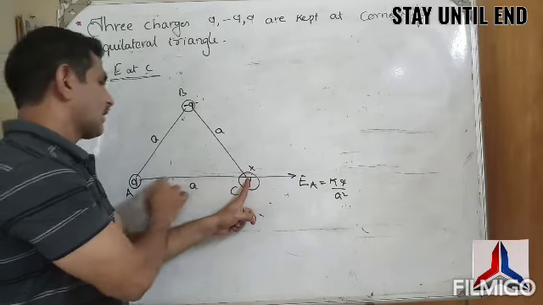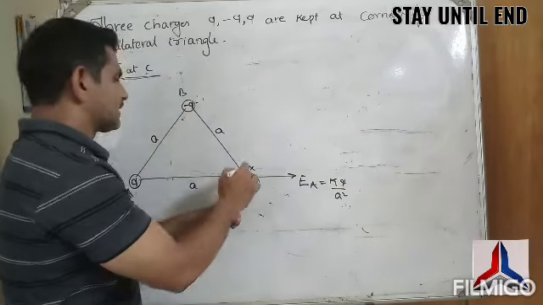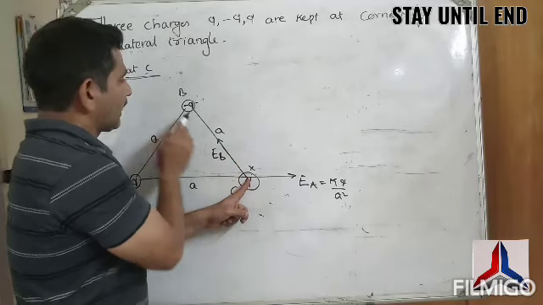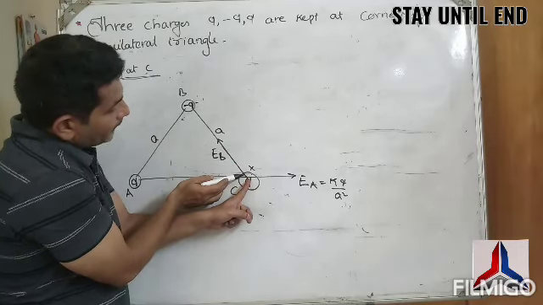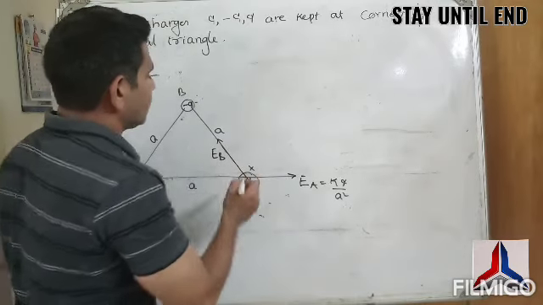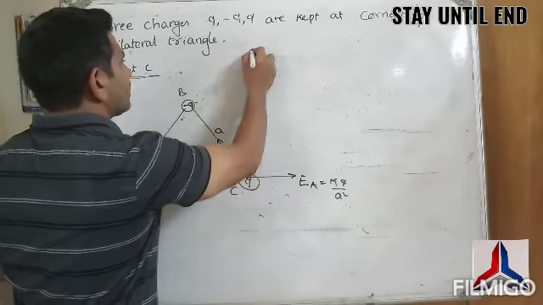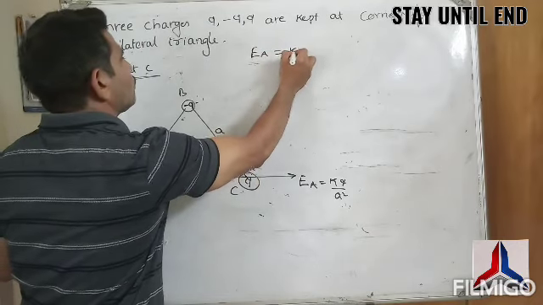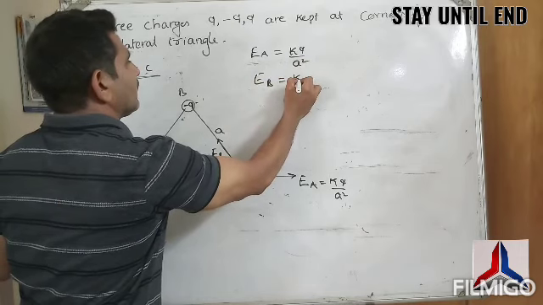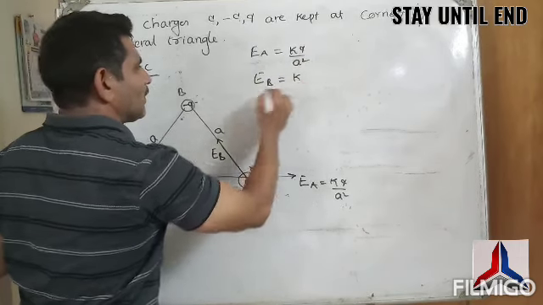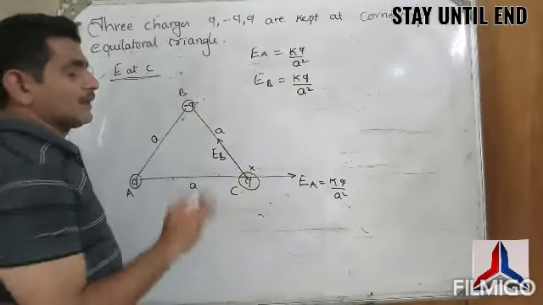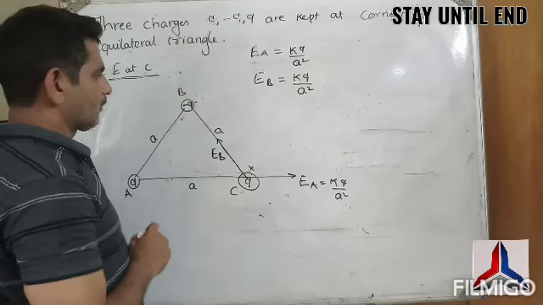And this is the negative charge, so the electric field intensity at this point is directed towards the negative charge. Therefore, the EA value is KQ by a square, and EB is also KQ by a square in magnitude, not minus Q. Are you getting my point?